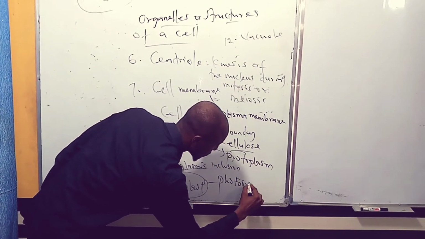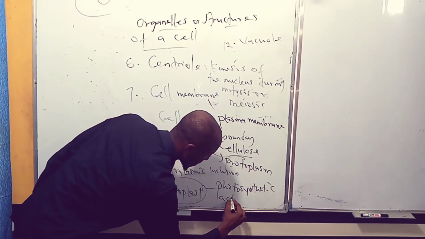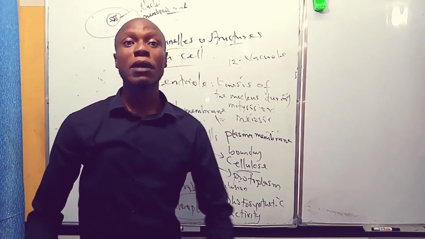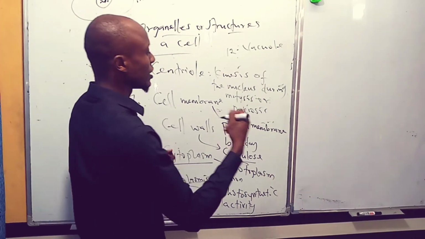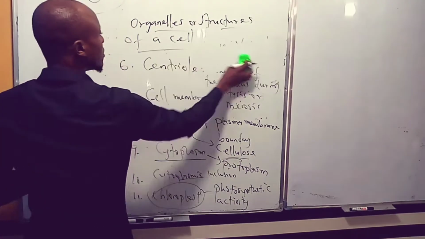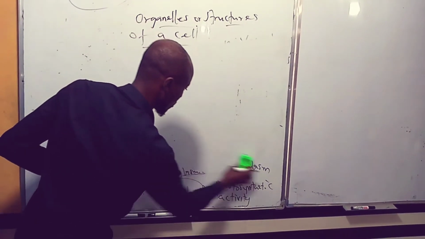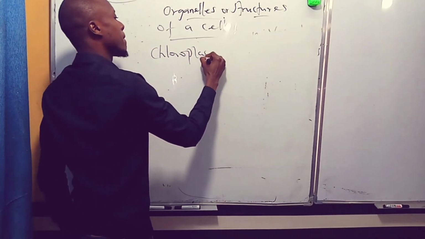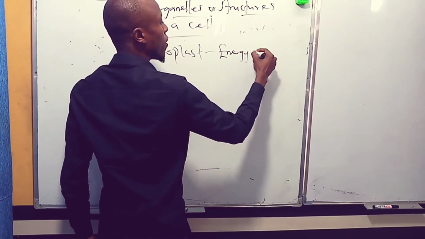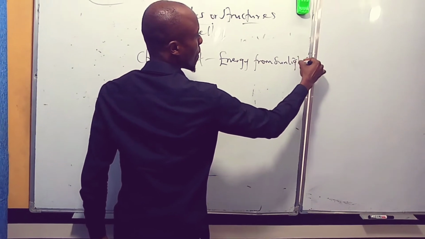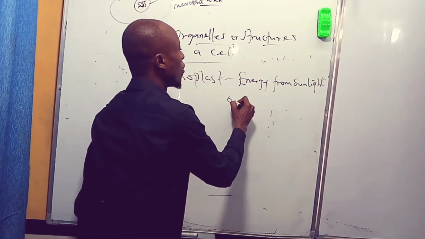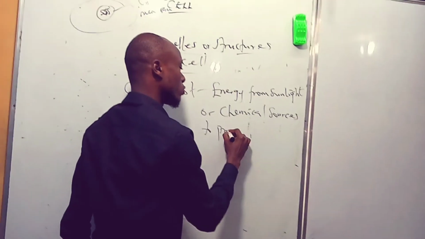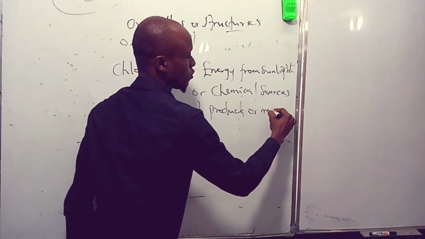So now the chloroplast is the organelle for what? Photosynthetic what? Activity. That is the manufacturing of food from energy from sunlight or chemical source to produce or manufacture food.